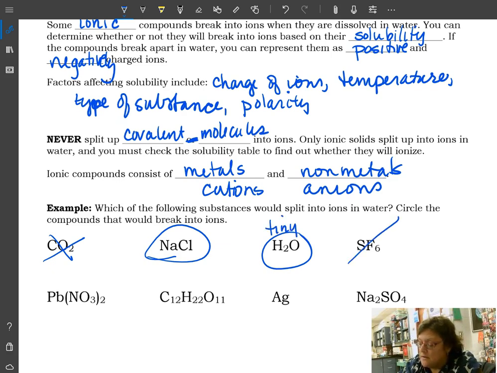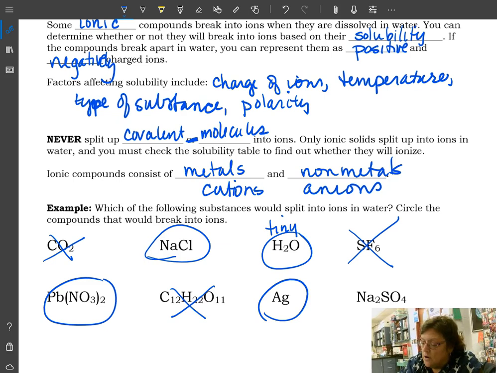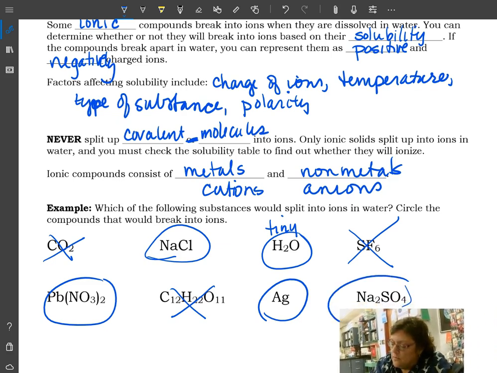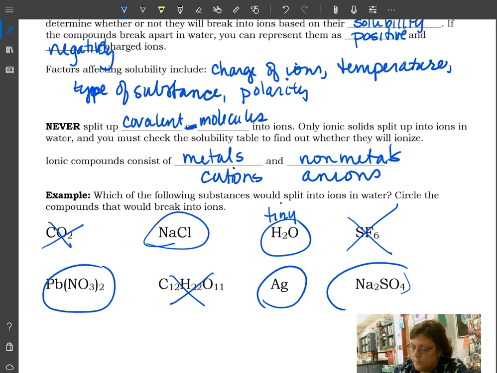Sulfur hexafluoride will not. Lead nitrate definitely will. Sucrose, table sugar, will not ionize, although it will dissolve. Silver will ionize in water, and sodium sulfate will ionize in water.